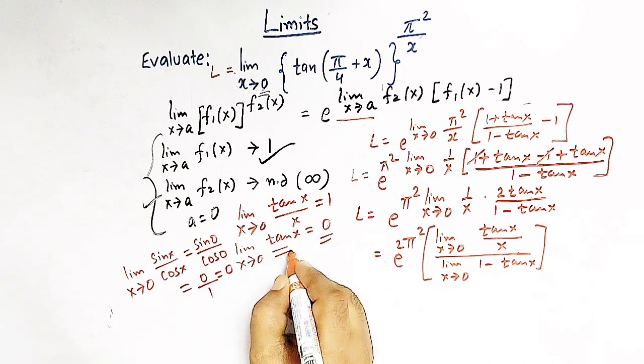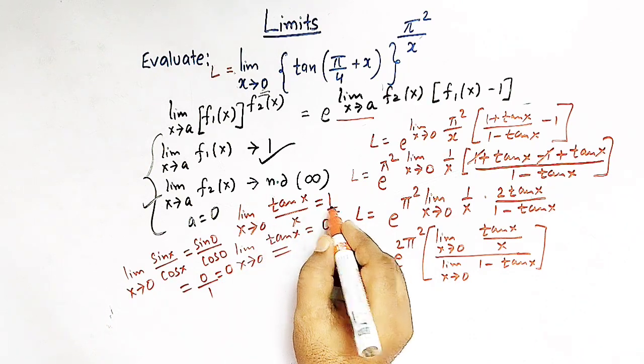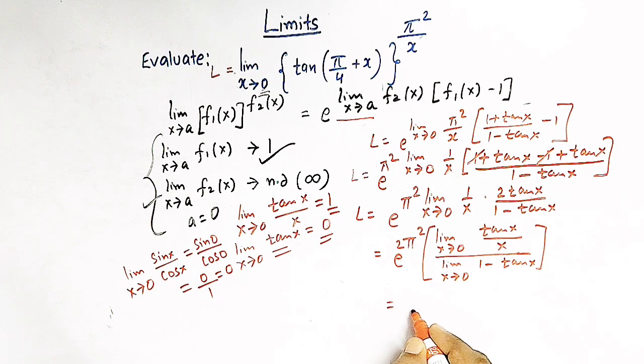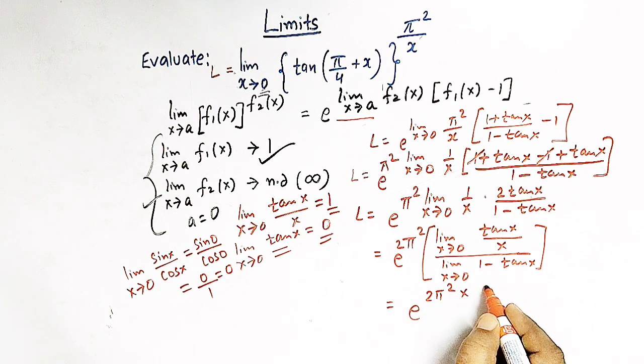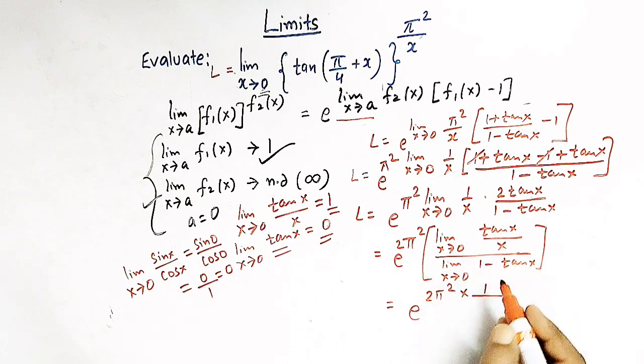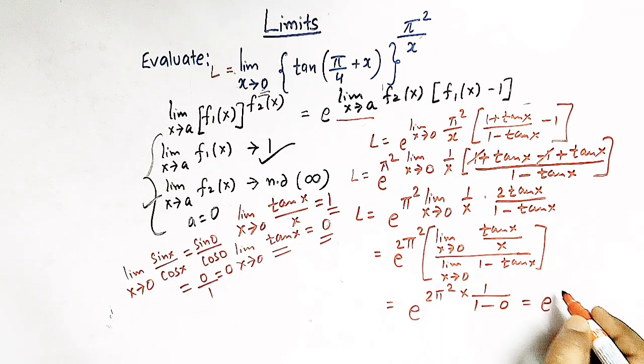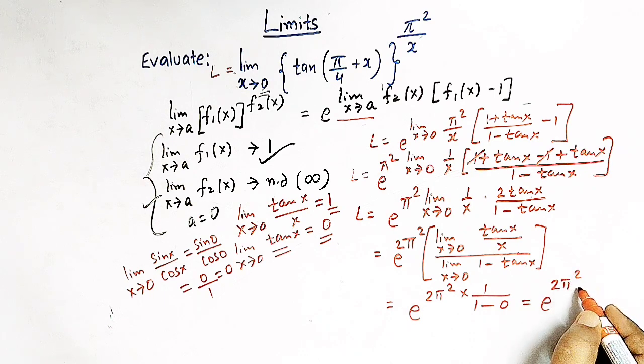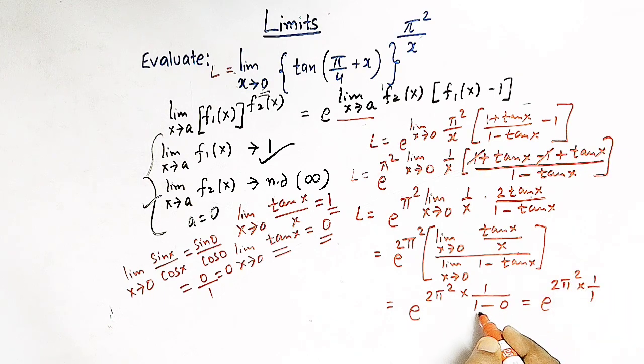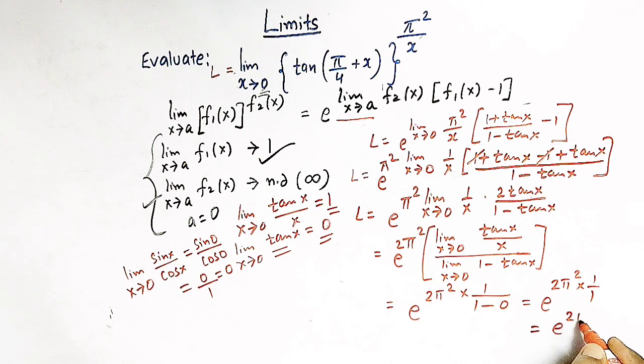So this limit is 0 and this limit is 1. So now we can write e raised to 2 pi square multiplied by 1. This limit is 1, and we have 1 minus 0. So this is e raised to 2 pi square times 1 over 1. 1 minus 0 is 1. So this is e raised to 2 pi square.